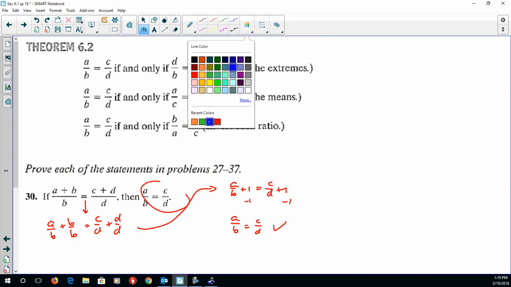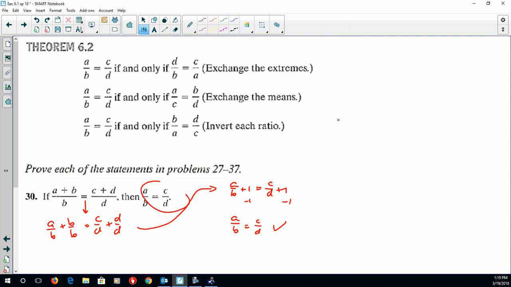But if you look at example 6.5b, and this is page 301, they want you to solve the equation x over 7 equals 31 over 42.